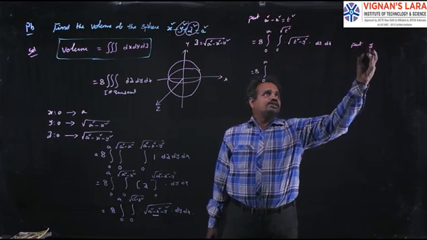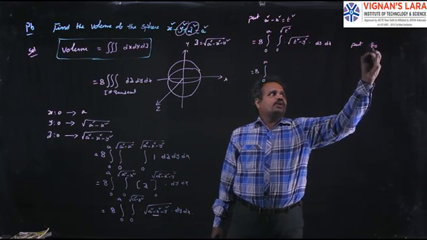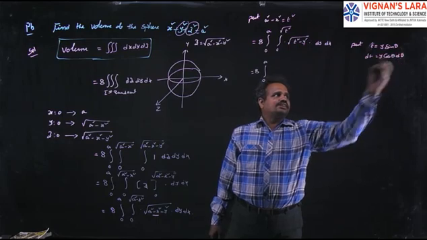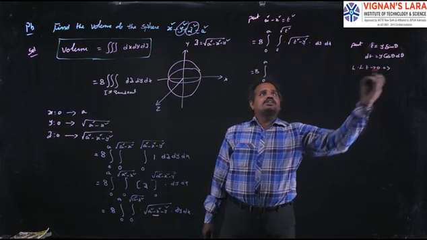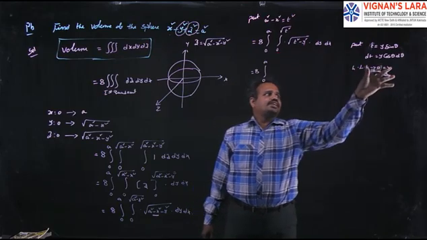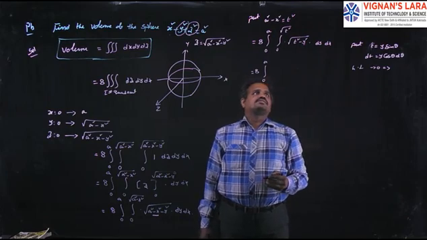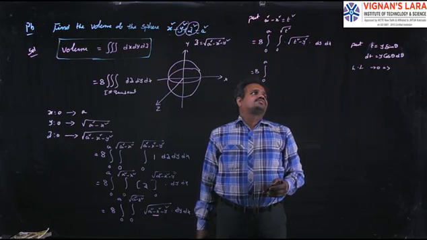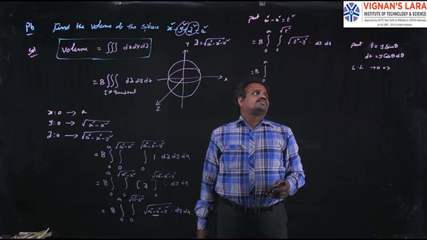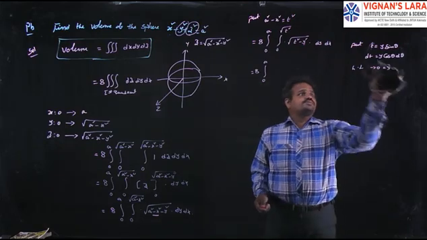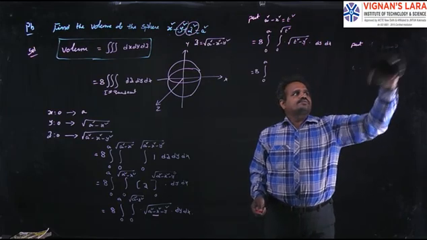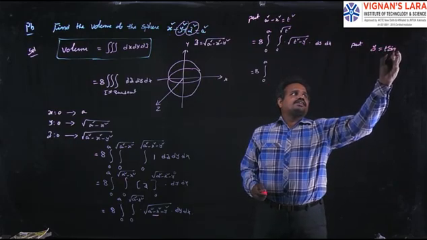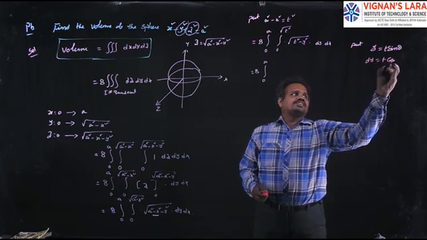Whatever we did in the previous problem, same. Sorry, it's not the t substitution. Here the substitution is: put y is equal to t sine theta, dy is equal to t cos theta d theta.